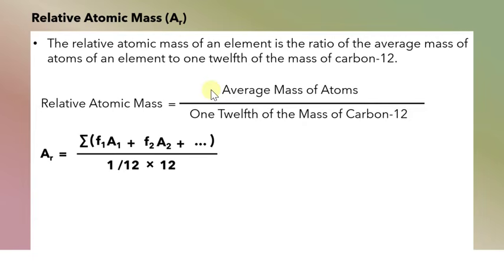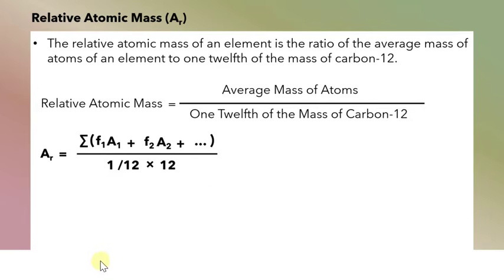Now carbon 12 has got 12 grams, the same carbon 12 we have been talking about. That's where this 12 is coming from. 1/12 times 12 equals 1. If you understand mathematics, 1/12 times 12 will give you 1, and 1 in the denominator, you remain with the same.